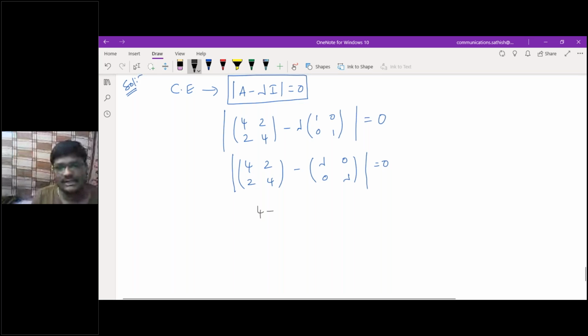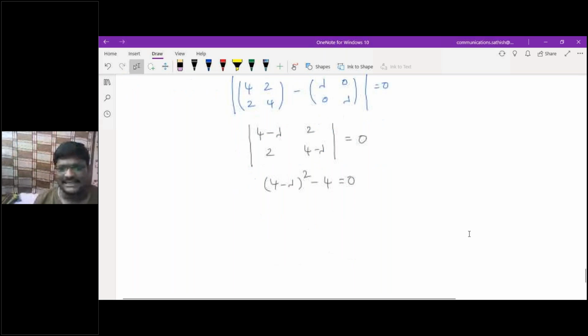If I subtract, I get 4 minus lambda, 2, 2, 4 minus lambda, whose determinant is equivalent to 0. Then AD minus BC, the determinant of this 2 by 2 matrix: 4 minus lambda into 4 minus lambda, which is (4 minus lambda) whole square minus 4 is equal to 0.